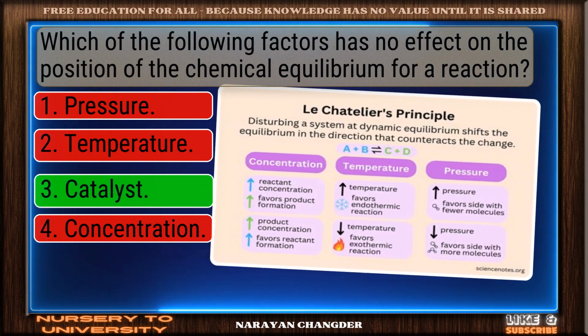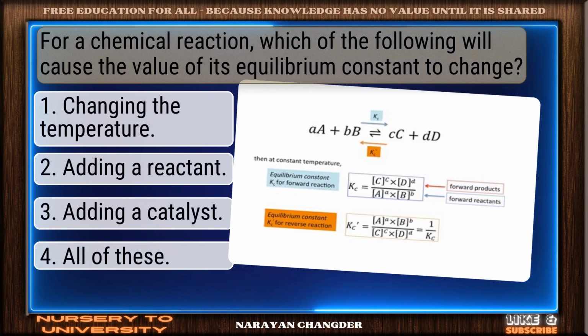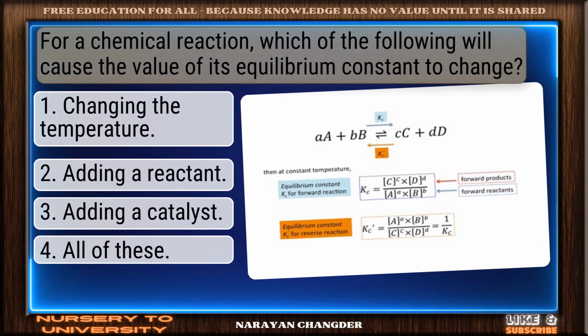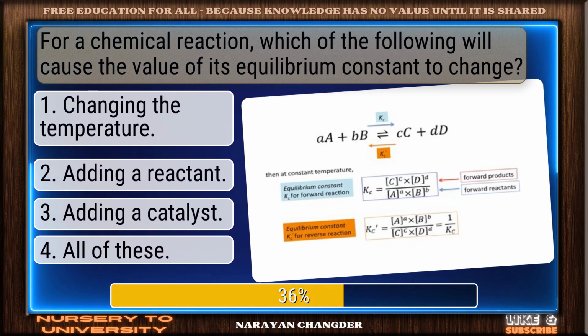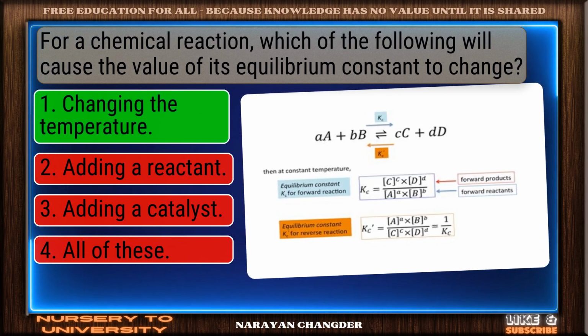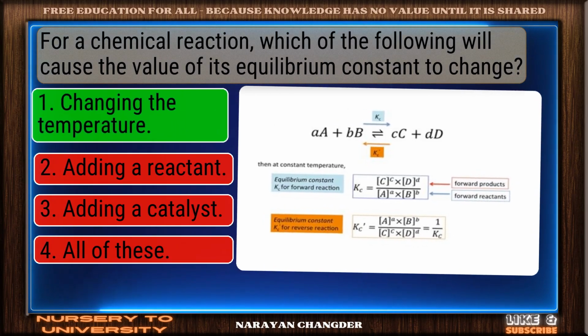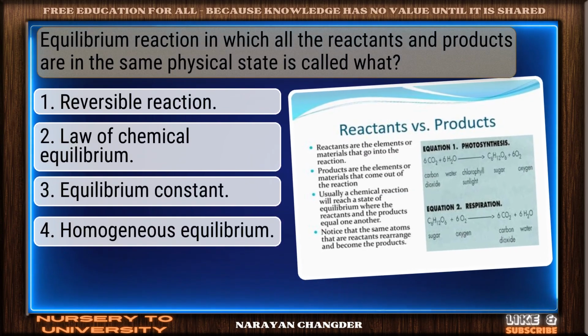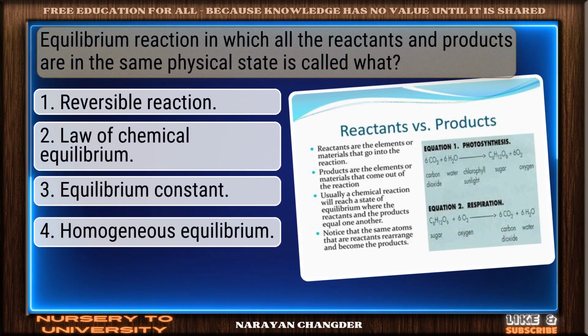Catalyst is the right choice. For a chemical reaction, which of the following will cause the value of its equilibrium constant to change? Right again. Changing the temperature is a valid answer. Equilibrium reaction in which all the reactants and products are in the same physical state is called what?